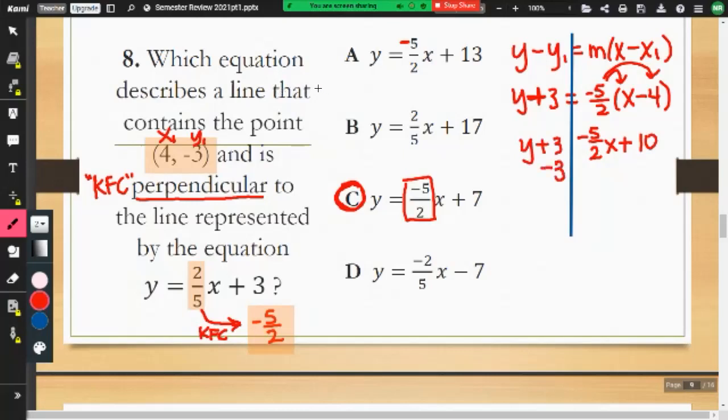Under the 10. Remember, in point slope form, the slope never changes, so you don't want to add, subtract, multiply, or divide anything to the slope. The only thing here changing is the y-intercept, so it gives you -5/2x. 10 minus 3 is, there's your 7. Just in case you need to know what to do, in case it's down to 2 answers and not just 1. Make sure you have all that written down, all that copied.